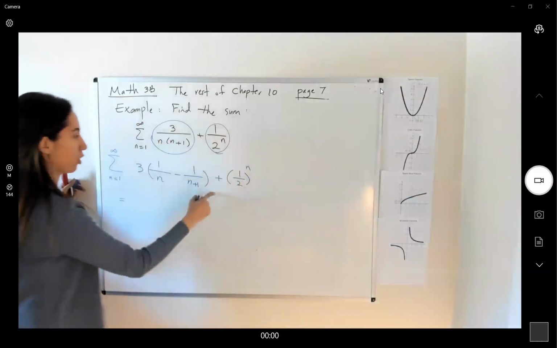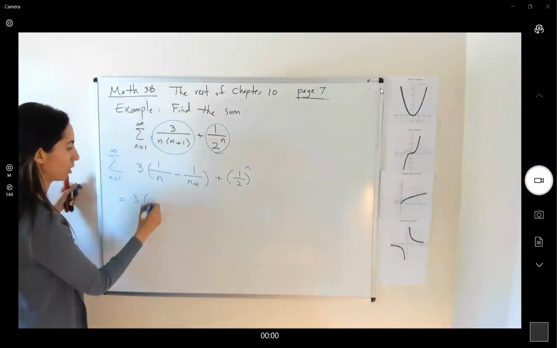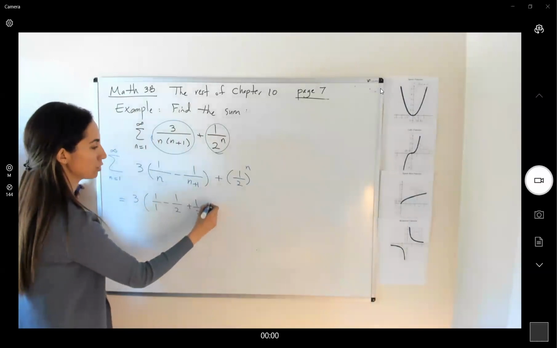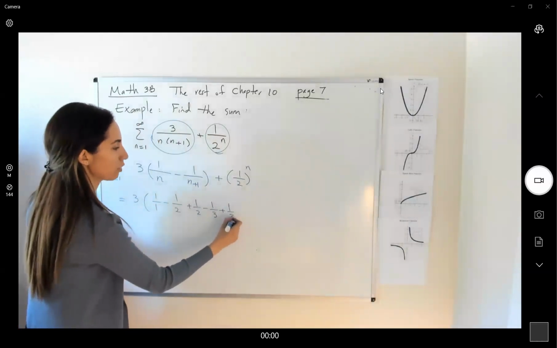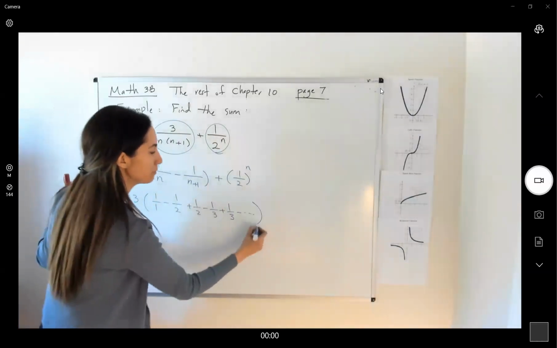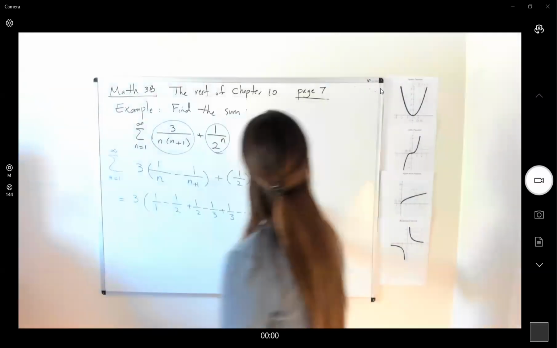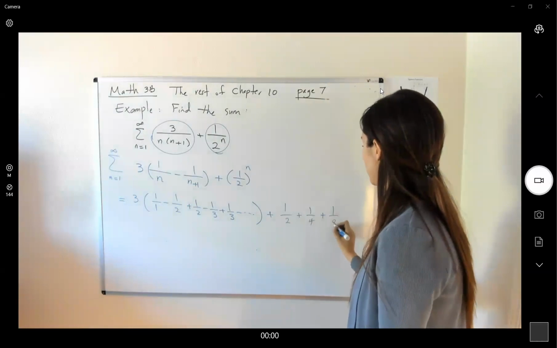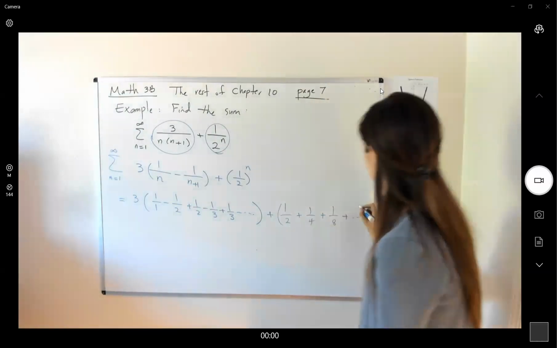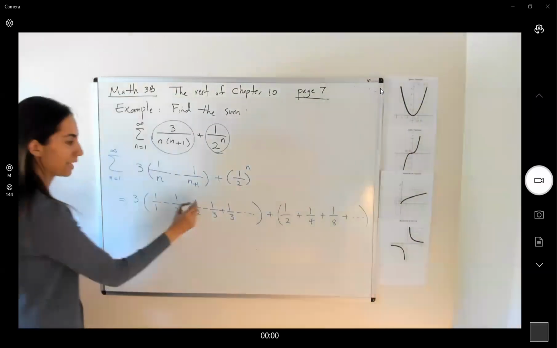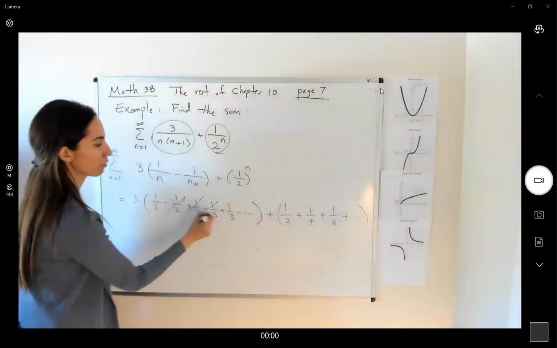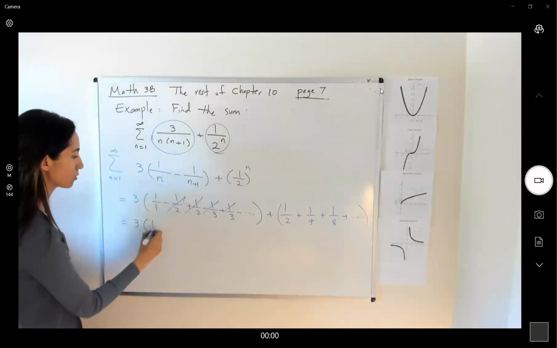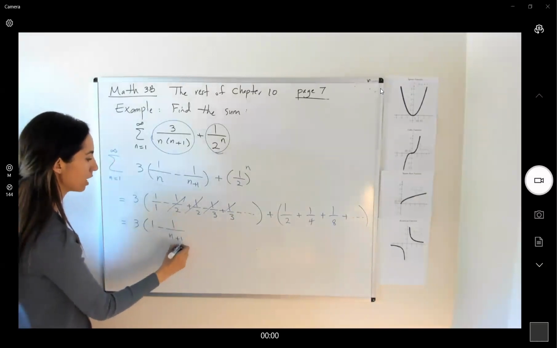So this one is 3 times 1 over 1 minus 1 over 2 plus 1 over 2 minus 1 over 3 plus 1 over 3 and the rest of them, plus you have a half plus a fourth plus 1 over 8 plus the rest. So as you saw before, you can get rid of the middle terms and the n-th partial sum is equal to 3 times 1 minus 1 over n plus 1.